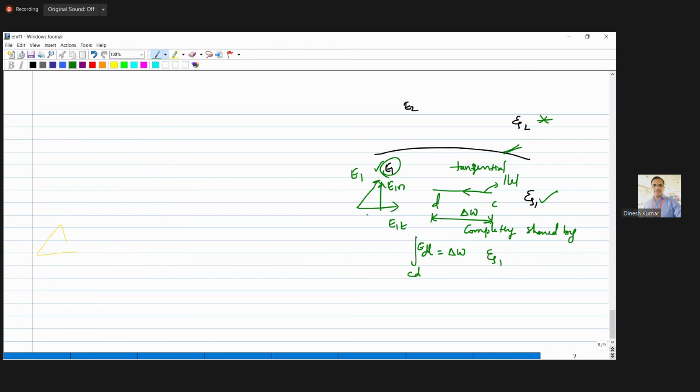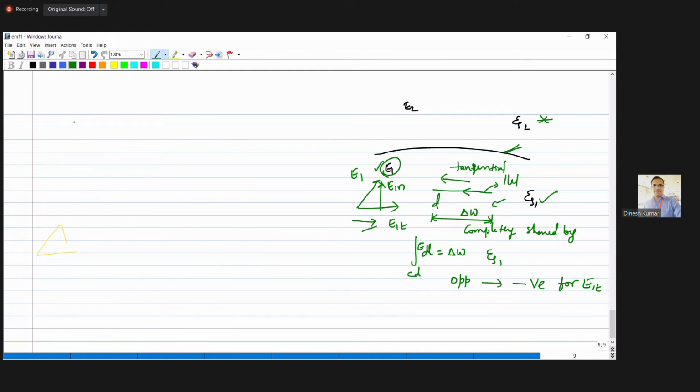See here, the direction of CD is from right to left, but the direction of the tangential component of E1 is from left to right. So both are in opposite direction. Therefore, we have to go with the negative sign for E1t.